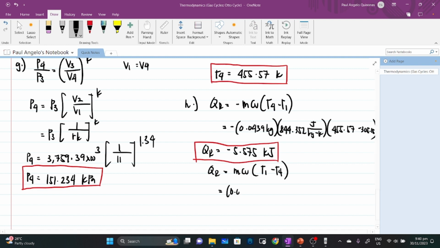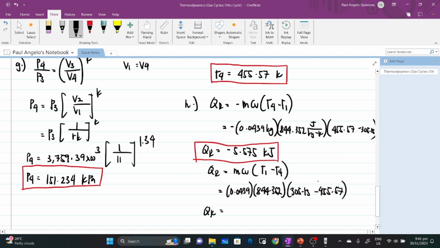So we'll have 0.0439 times 844.352 times 455.57 minus 305.15. As you can see in the last term, this one should be inverted. Sorry. This should be 305.15 and 455.57.